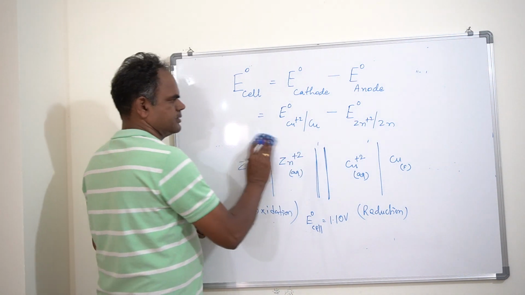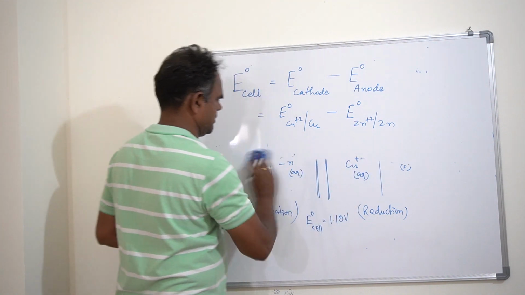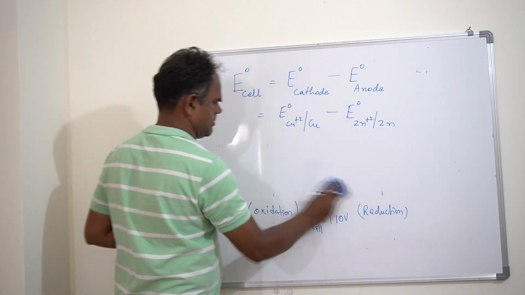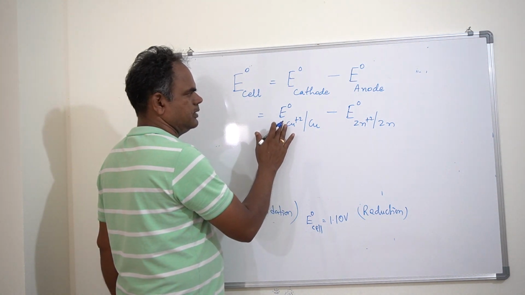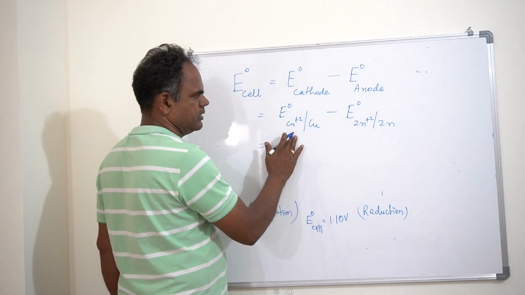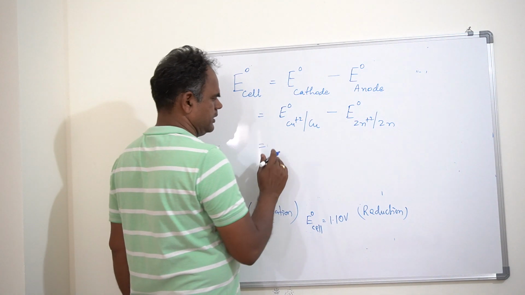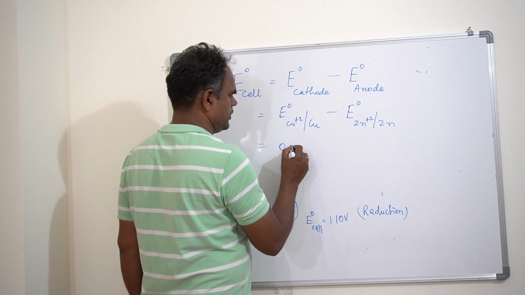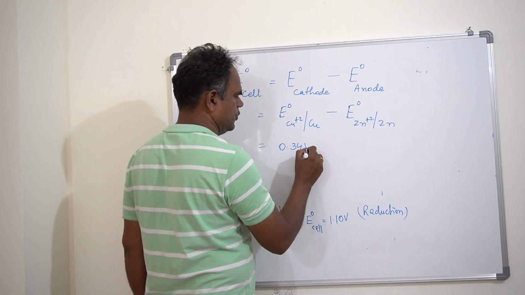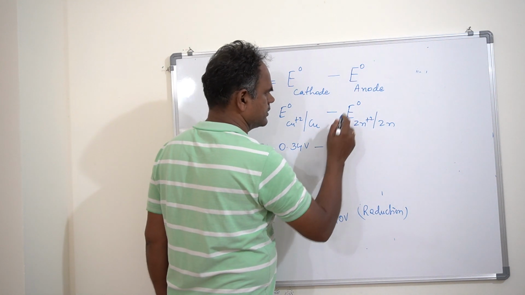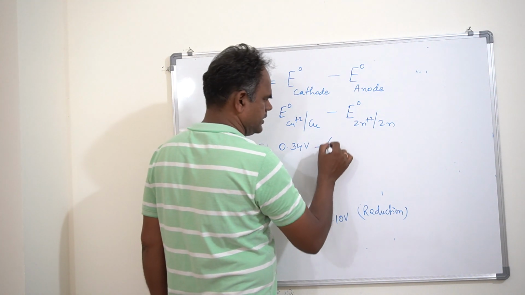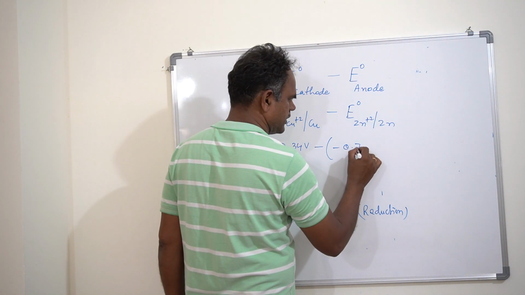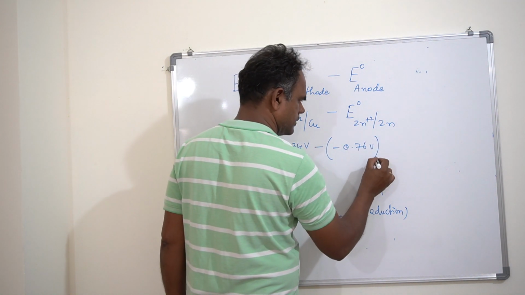So now here is the standard reduction potential of copper. How much? It is 0.34 volts, minus the standard reduction potential of zinc, which is minus 0.76 volts.